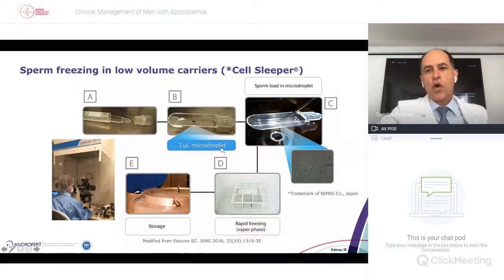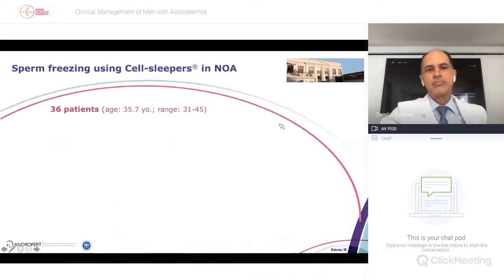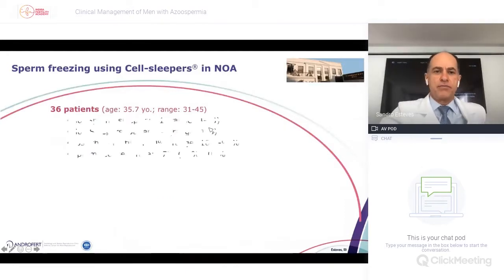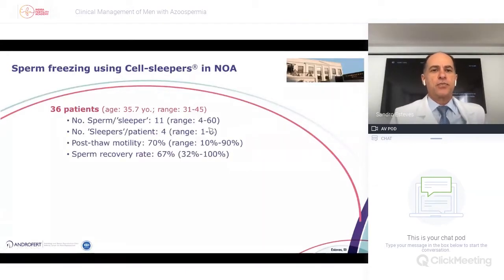This is a very quick procedure, and this is called cell sleeper because when we thaw, we can actually recover most of the sperm that we included in each device. So we have got some initial experience with sperm freezing using cell sleepers in patients with non-obstructive azoospermia.